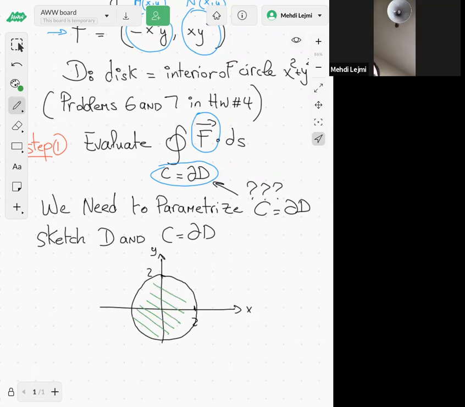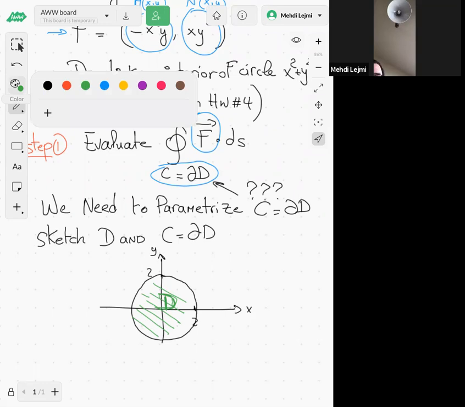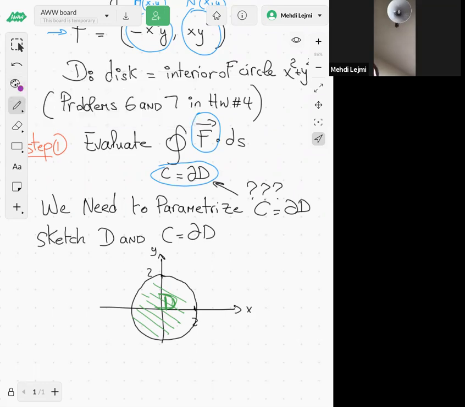And the boundary of D is just the circle. Of course, it's a simple closed curve, so we can apply Green's theorem, right?